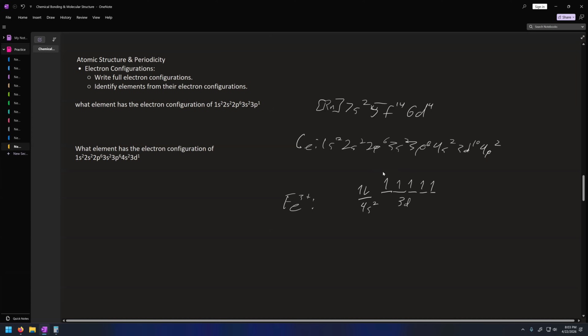Then, since this is a half full orbital, that's preferable. We don't want to break that half full orbital. So I'll take this one away as the second electron I remove. Now we have 2 half full orbitals. This is a good situation, but we've only removed 2 of our 3 electrons total. I have to decide where I want to take that third electron away from.